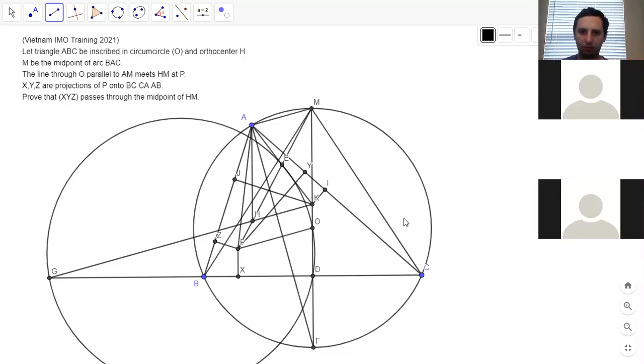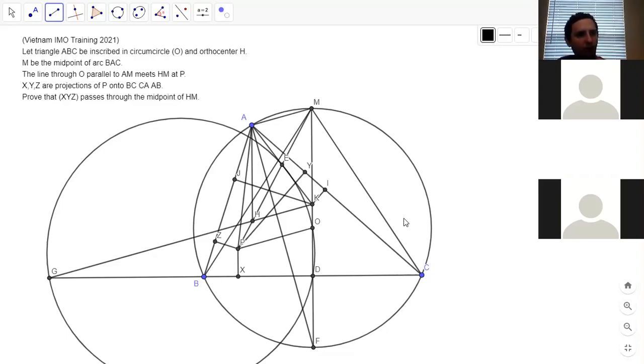All right, so let's try to prove that XP bisects ZXY. Kind of looks like Blanchet's theorem, right? In fact, I think there's a certain generalization of Blanchet's theorem, right?